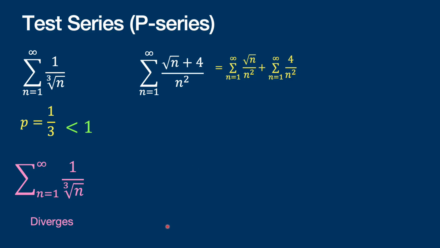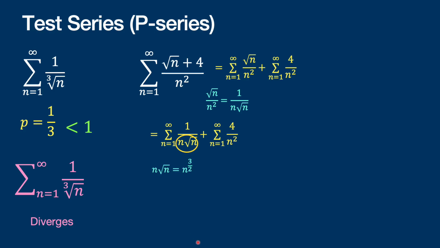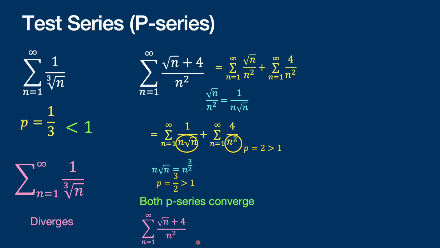The other series has P value 2, also greater than 1. We say both P series converge, then this series converges.